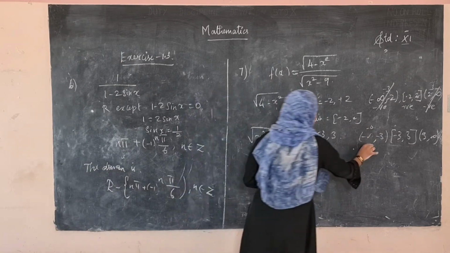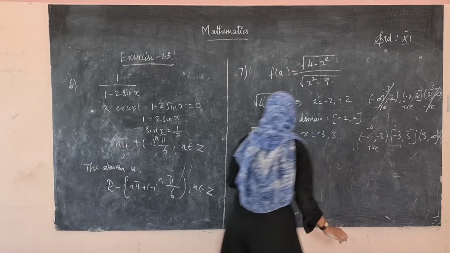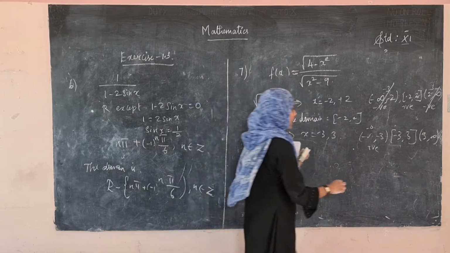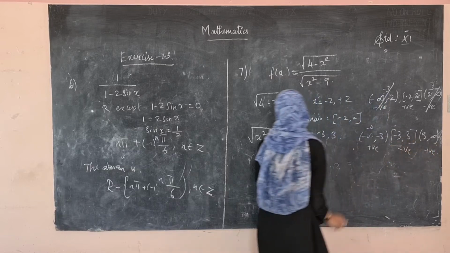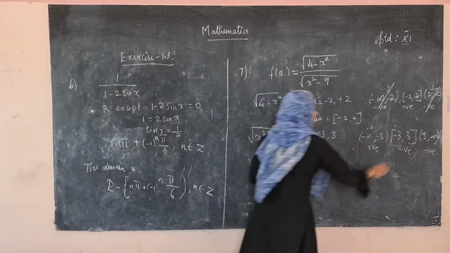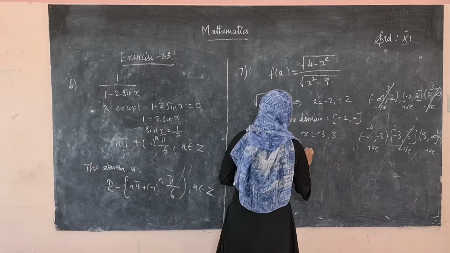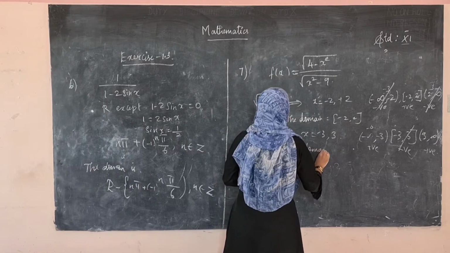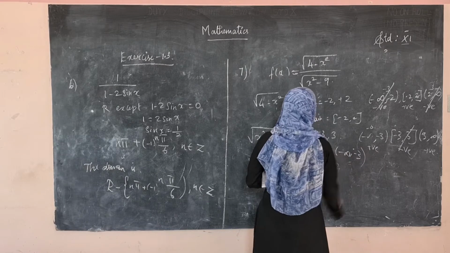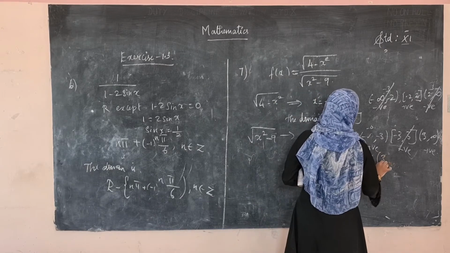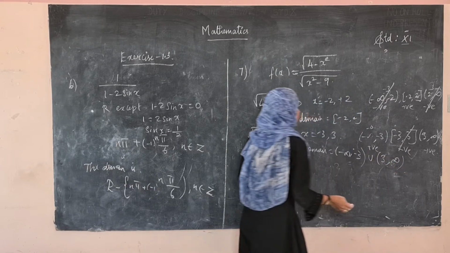This is positive. Here let us take 1. 1 means 1 minus 9, which is negative. And here it becomes positive if we take 4. We are going to neglect the middle one. So, the domain here is minus infinity to minus 3 union 3 to infinity.